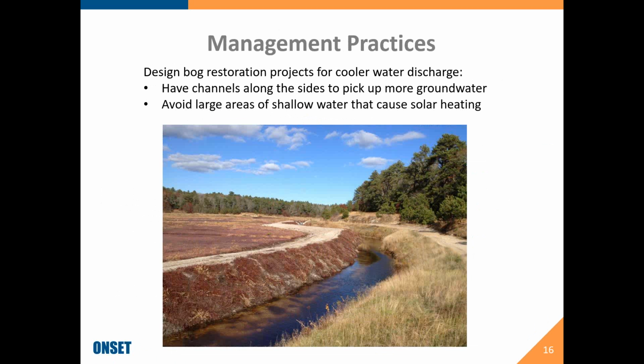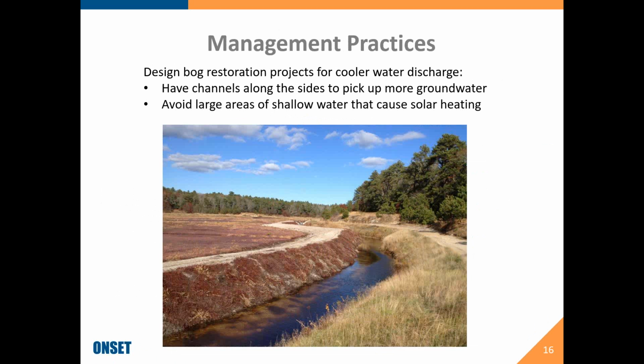Another thing that they found is with the cranberry bogs. Cranberry bogs potentially can create a lot of warm water because they're very shallow, the sun's shining down on them, especially if they're dark on the bottom, really warms up the water. So one of the things they want to do is avoid cranberry bogs having a large area that's shallow that could cause solar heating.